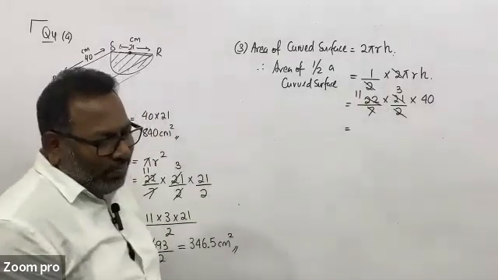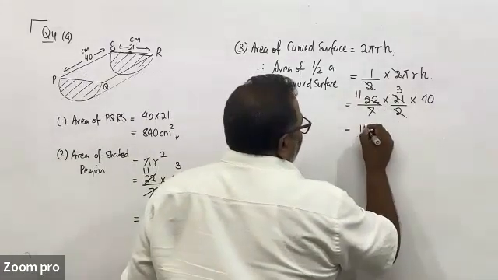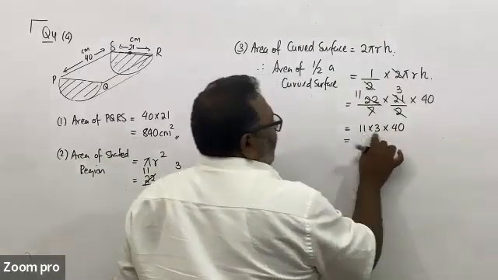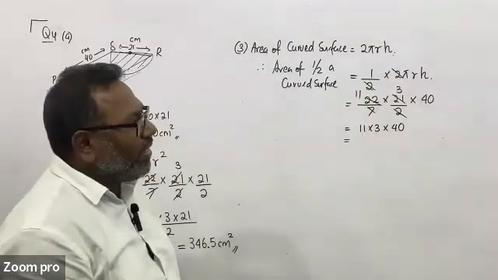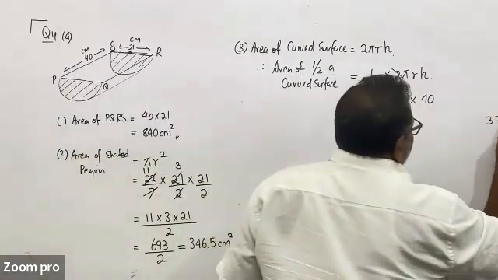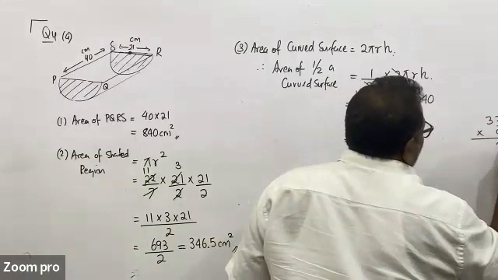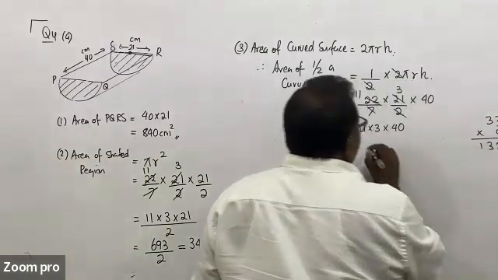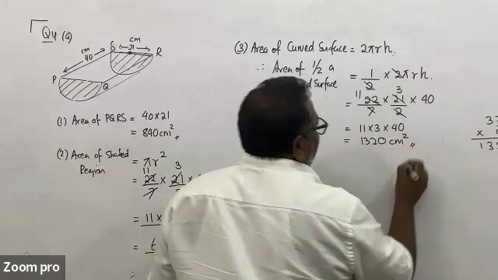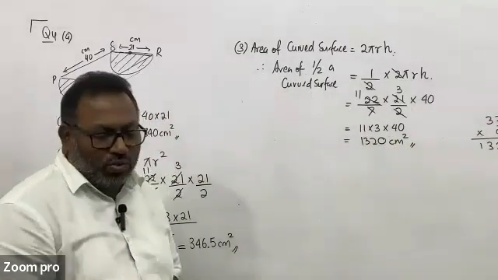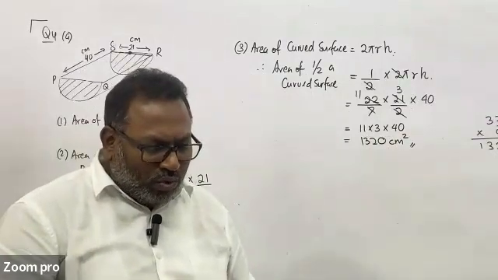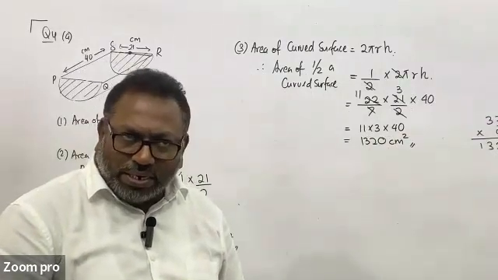You have 11. So 11 into 3 into 40. 11 into 3 is 33. 33 multiplied by 40 is how much? 33 into 4, 1,320 centimeters squared, right? That is the curved surface area.